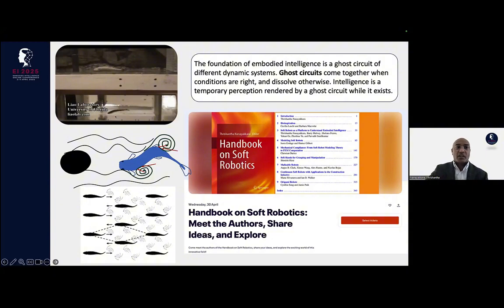For example, if the fish body was stiff, it wouldn't form that circuit. Or if it was too soft like a ribbon, it wouldn't be doing that. So it is just the stiffness distribution and the shape of the body and the vortexes in the environment coming together to form a meaningful circuit to exhibit some useful behavior.